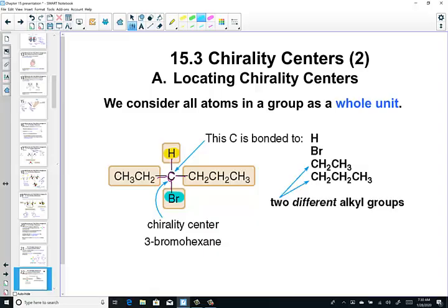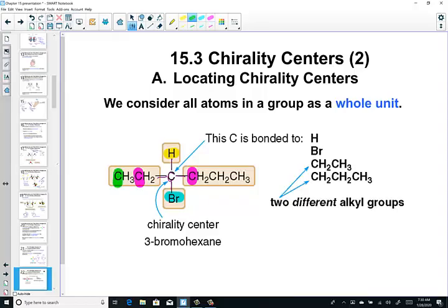Those are 2 easy ones to pick out, so 2 unique attachments there. But notice when I lead out to the first carbon, I might be fooled into thinking, oh, they're the same. The first link out from that central carbon is identical. It leads to another carbon. But keep going until you see if there's a point of difference.